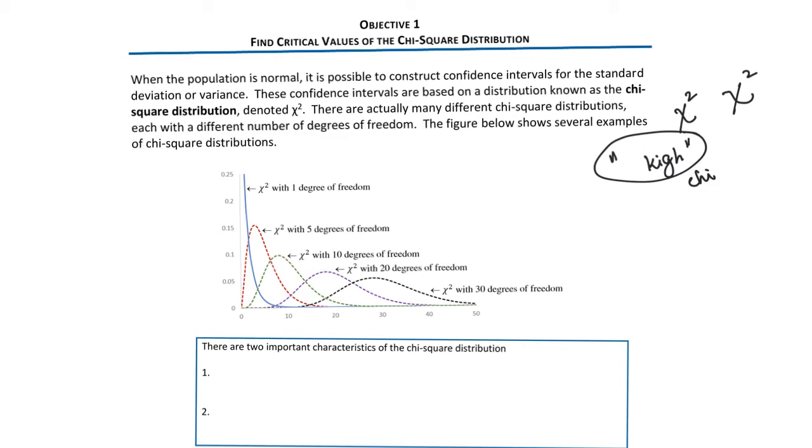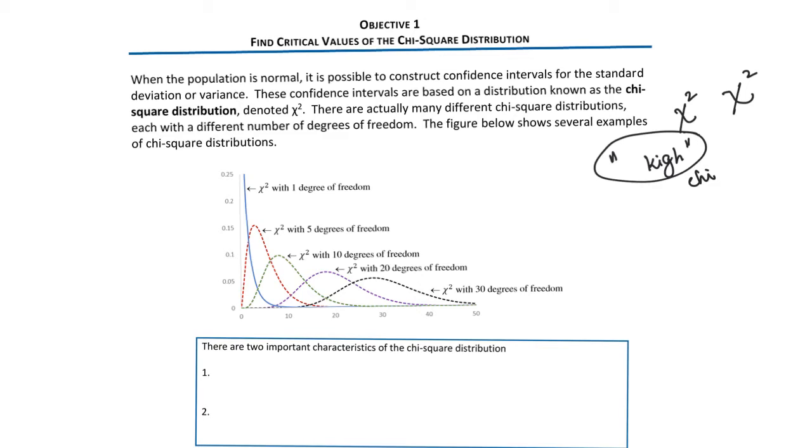The method of this section apply only for the samples drawn from a normal distribution. If the distribution differs even slightly from normal, this method should not be used. There are actually many different chi-square distributions, each with different number of degrees of freedom. So this diagram represents the chi-square distributions for several different degrees of freedom.